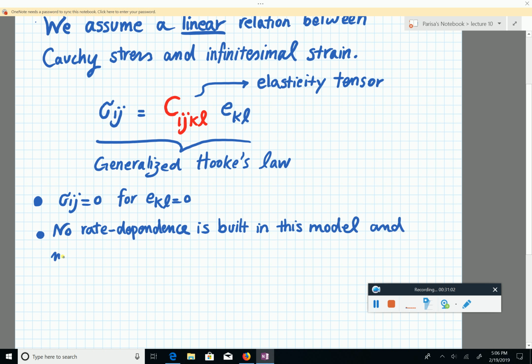And no path dependence, in the sense of loading path.